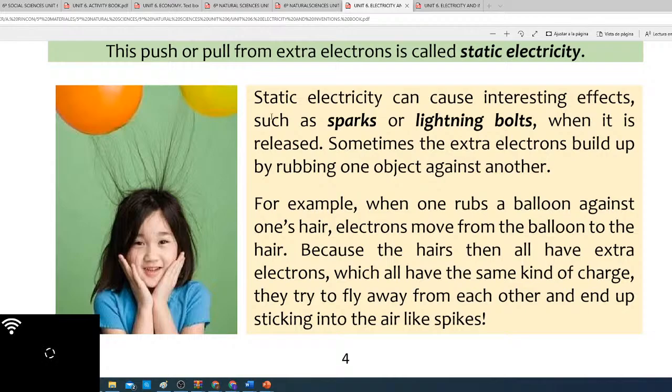So static electricity can cause interesting effects such as sparks or lightning bolts. Sparks son chisporroteos, or lightning bolts. These are what in Spanish we call relámpagos. When it's released, sometimes the extra electrons build up by rubbing one object against another.